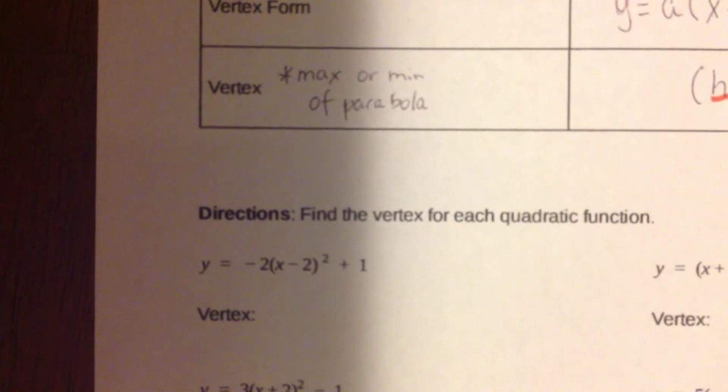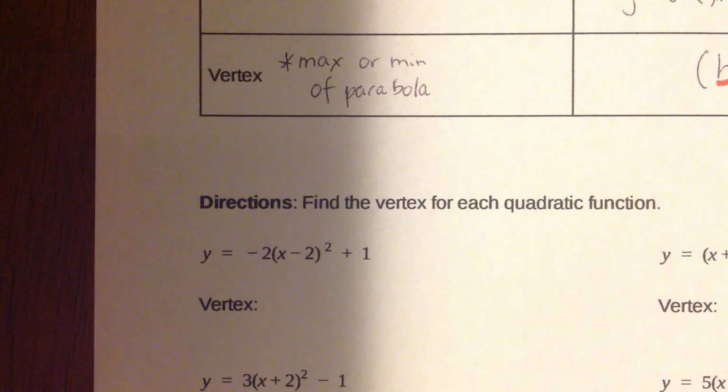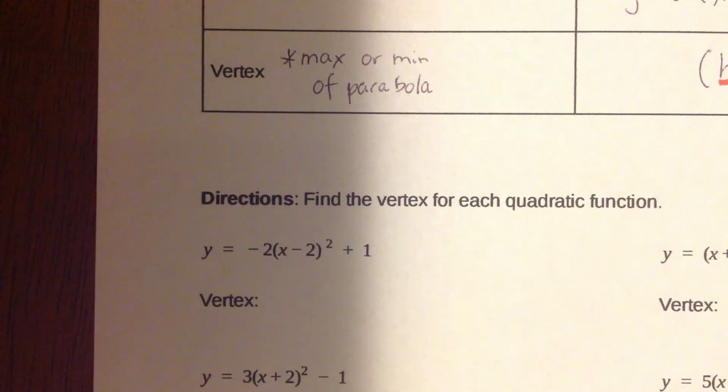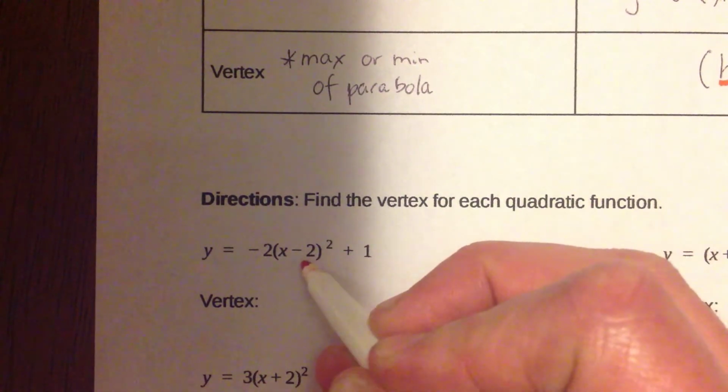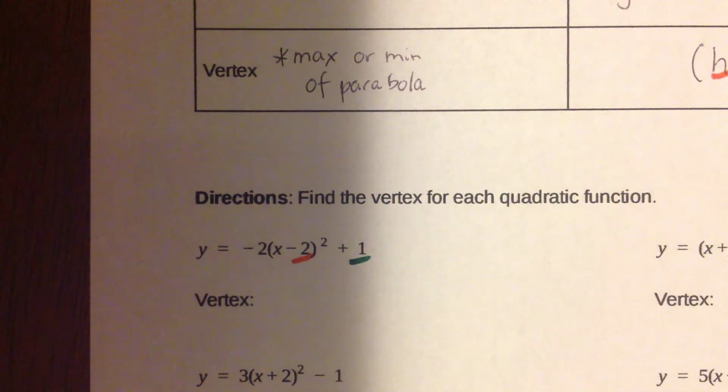So again, my first equation is negative 2 times the quantity x minus 2 squared plus 1. So we're going to use our h and our k. Remember, just a second ago I said we have to do something to our h.